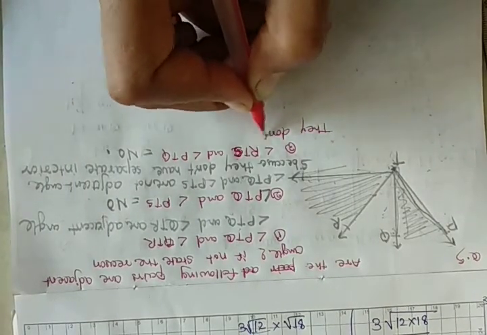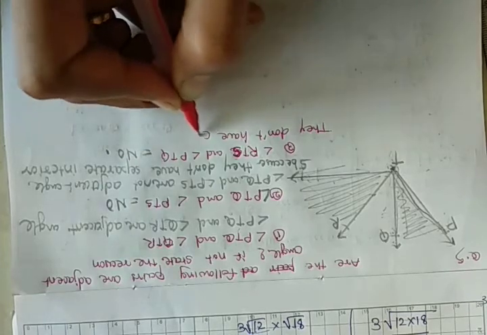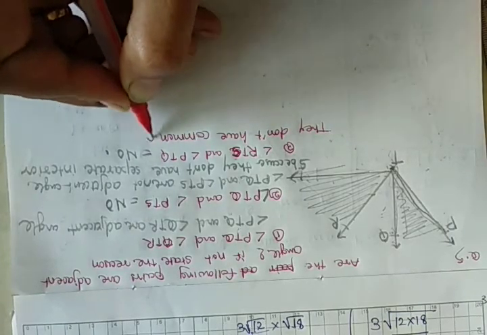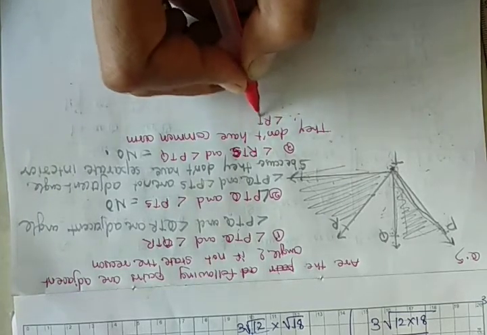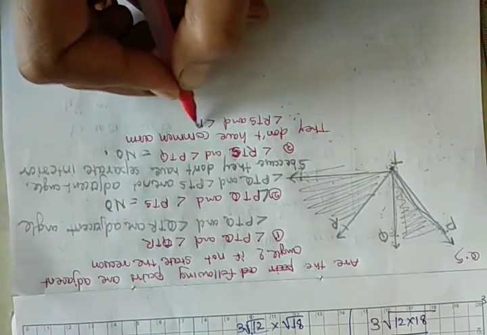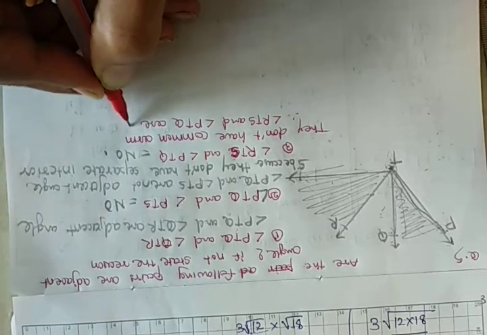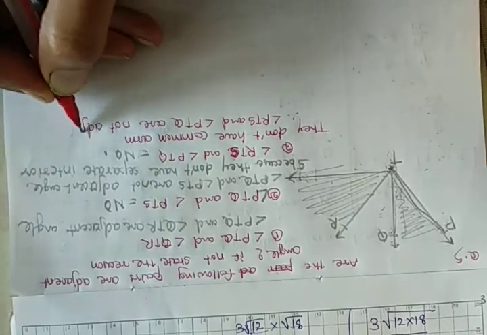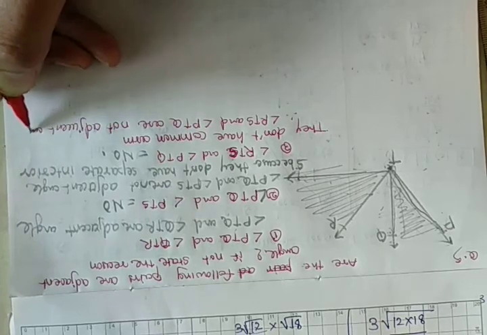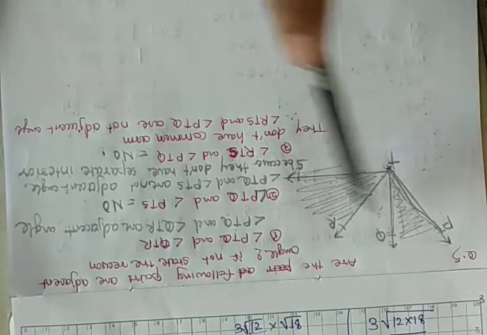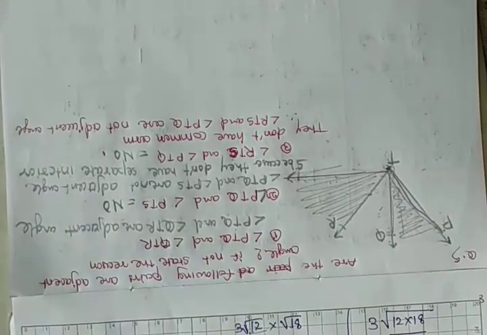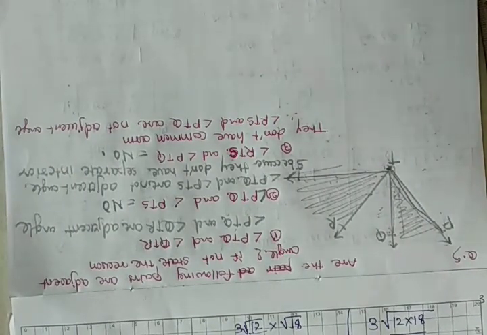So therefore, angle RTS and angle PTQ are not adjacent angles, because in these two angles there is a common vertex and separate interiors, but they don't have the common arm.